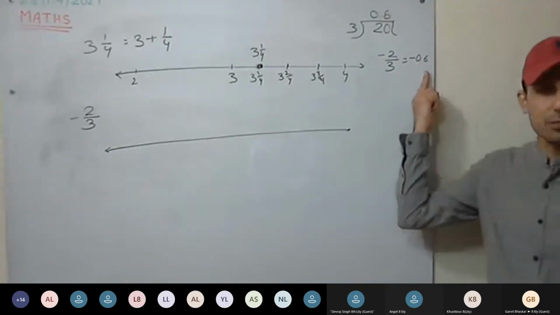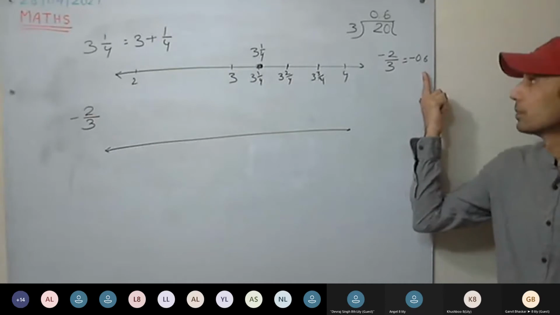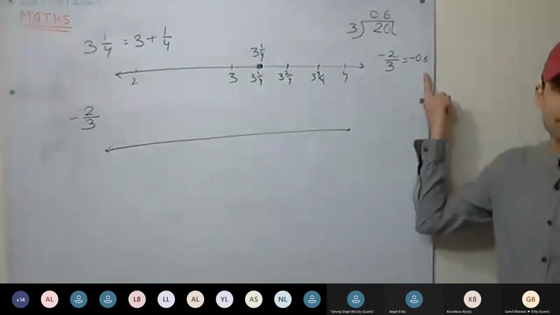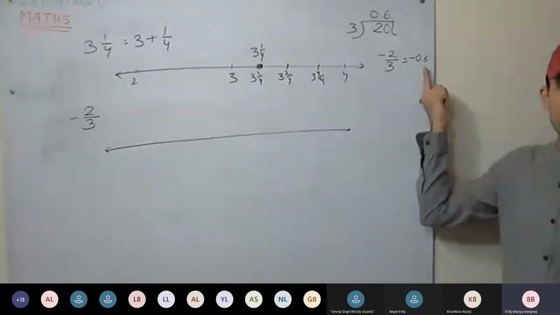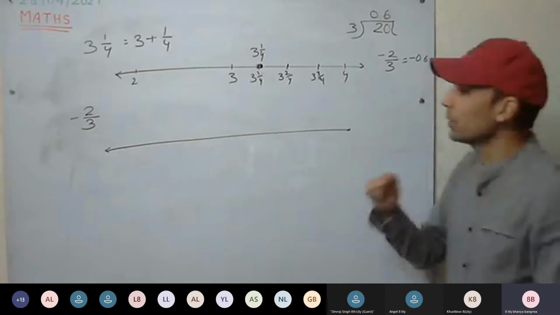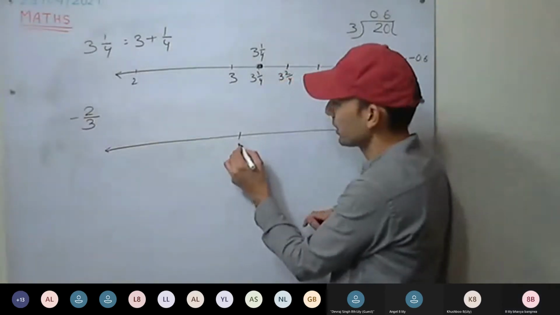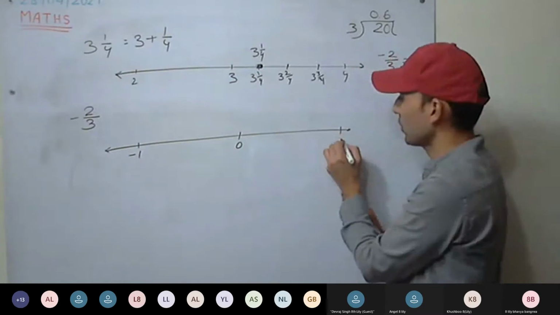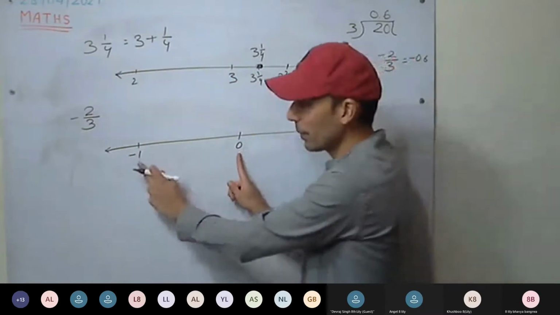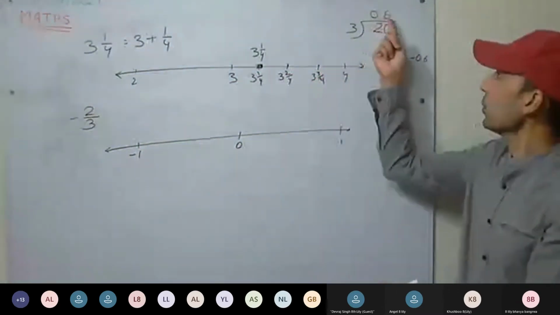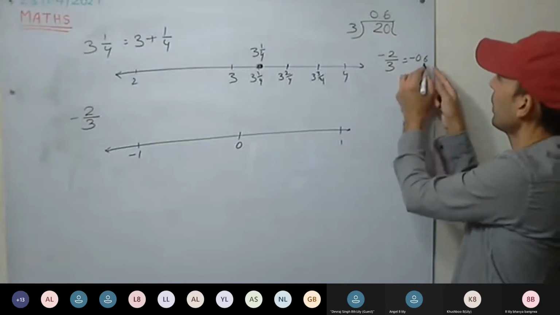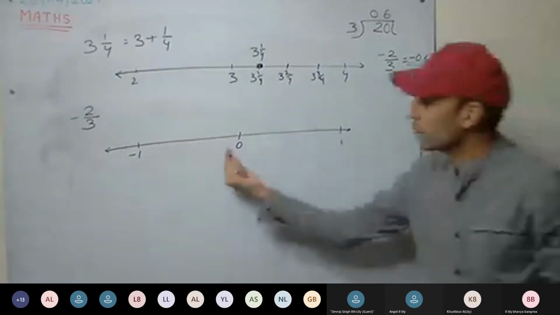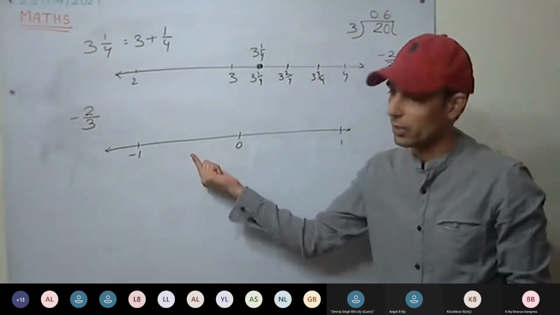It will lie between which two integers? 0 and minus 1. It will lie between 0 and minus 1 because we are getting minus 0.6. So somewhere between 0 and minus 1 it will lie.